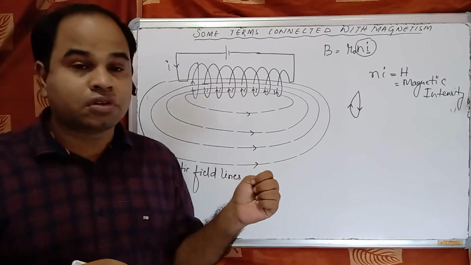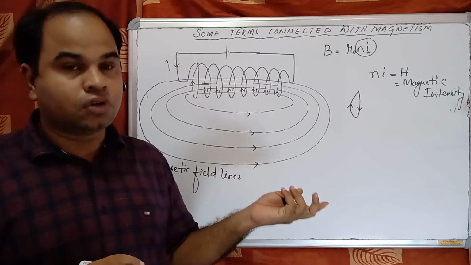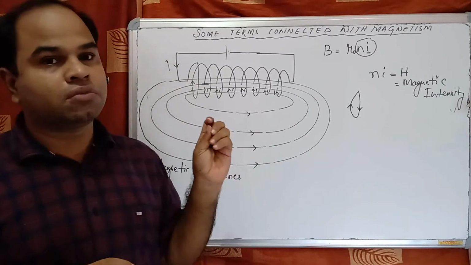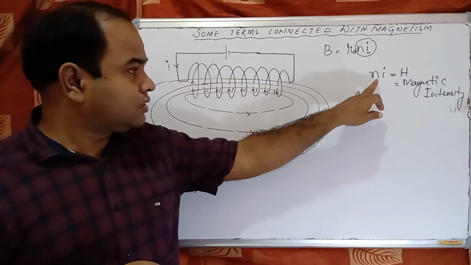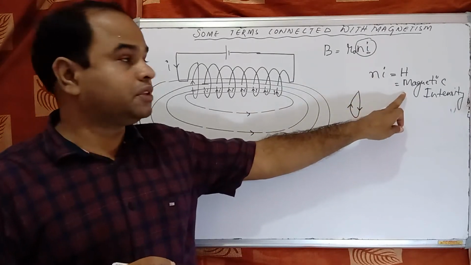The more the current, the more the intensity, or the more the number of field lines. The more the number of turns, the more the number of field lines. So this term NI is called magnetic intensity, represented by H.